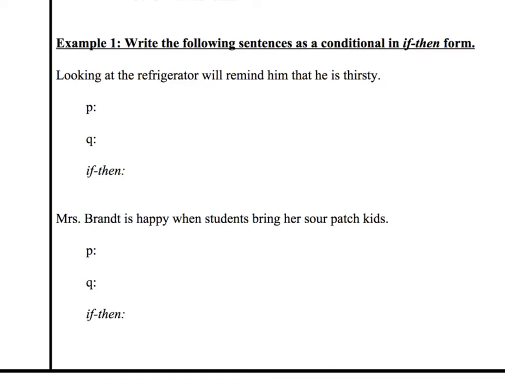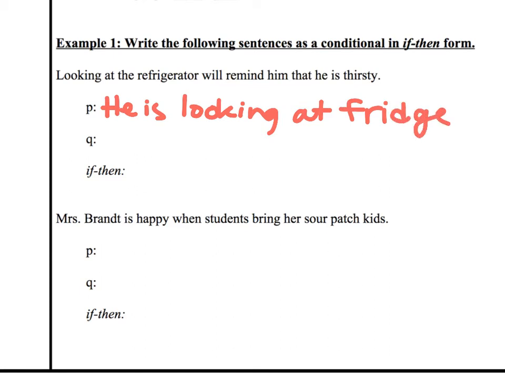Jacob, what's my hypothesis? If he looks at the refrigerator. Okay, so he is looking at the refrigerator. I'm going to write fridge. And what is the conclusion, Sarah? He is looking at the fridge.